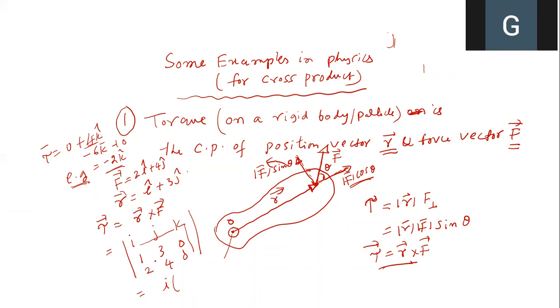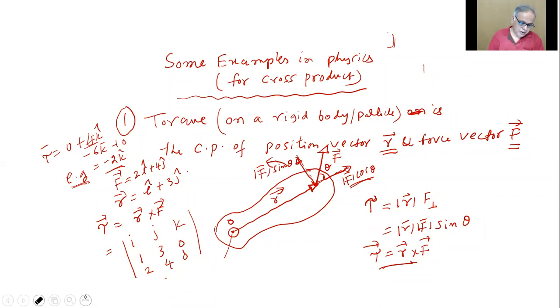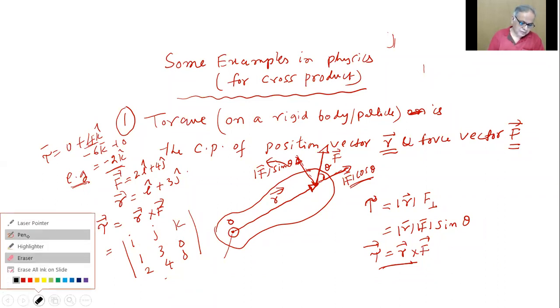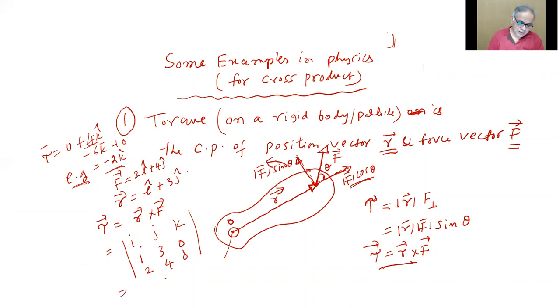So 1 into 4, 4, minus 6. This you should remove, not that. Look, you should ignore the row and column in which i is existing.